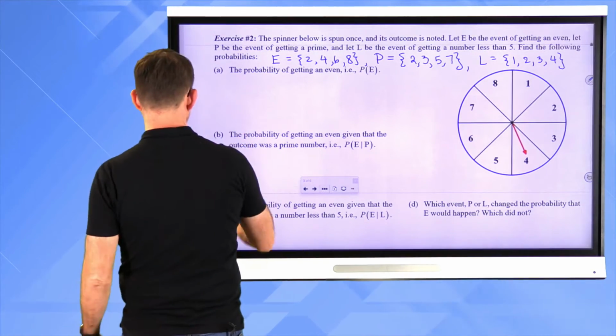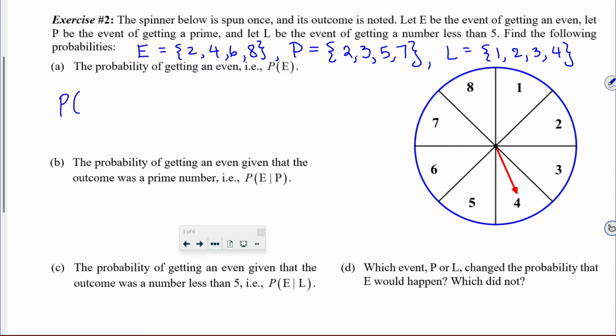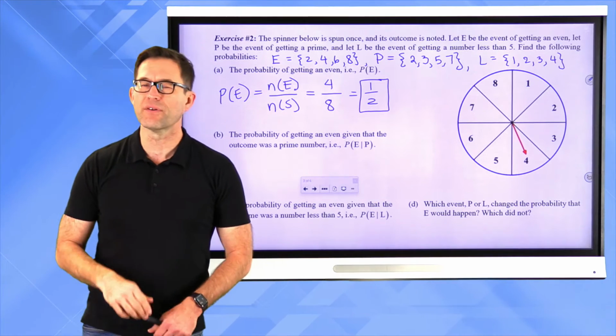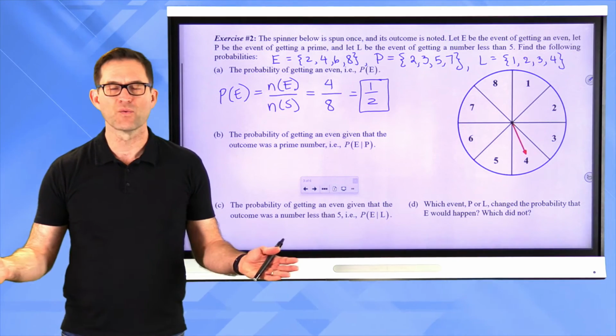The probability of getting an even is the number of outcomes that fall in my even divided by the number of outcomes that fall in my sample space. That's obviously 4 that lie in even. There's 8 total, 4/8, and I'm going to reduce this down to 1/2. So the probability of getting an even when I spin the spinner once is 1/2.